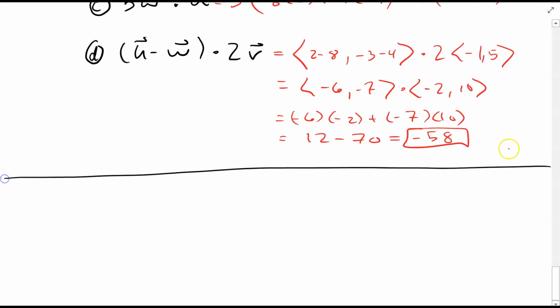So our next formula here in section 2 continued.